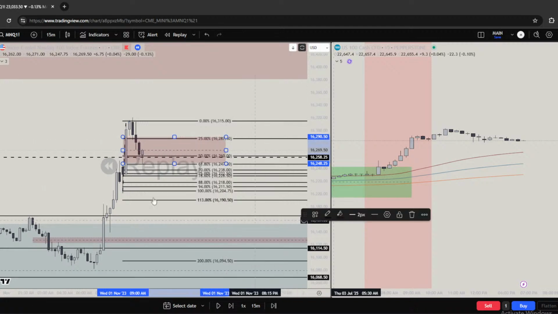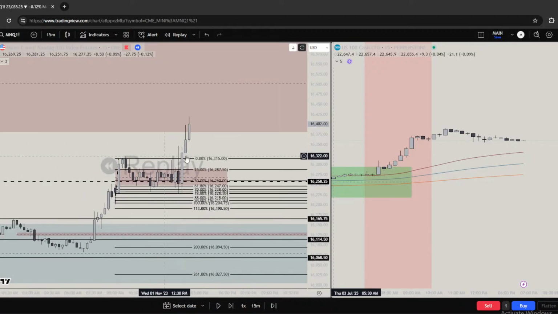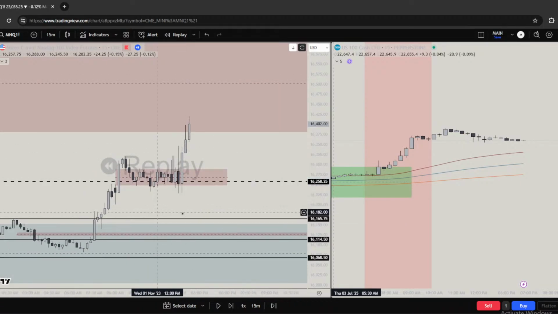FVG, order block here. There it is, right there. Boom. That's the entry. I just can't catch it.